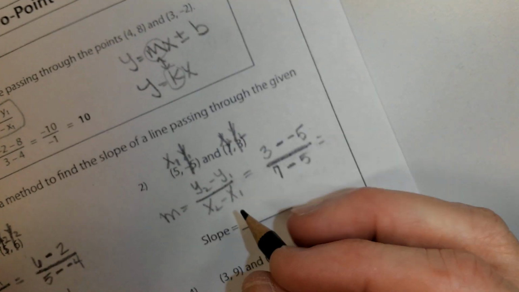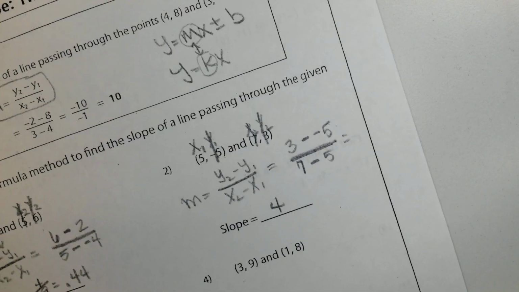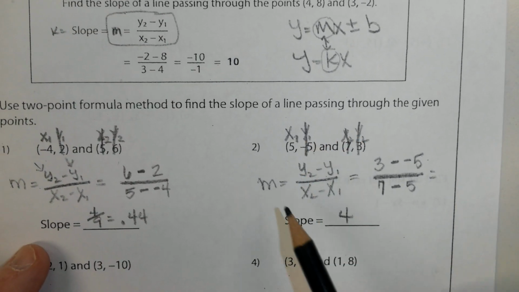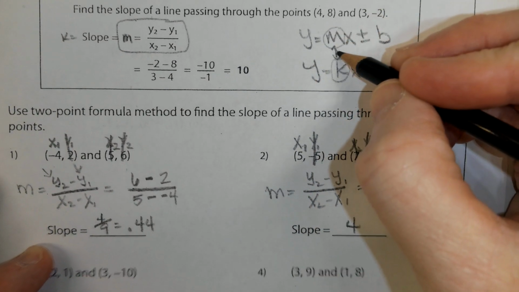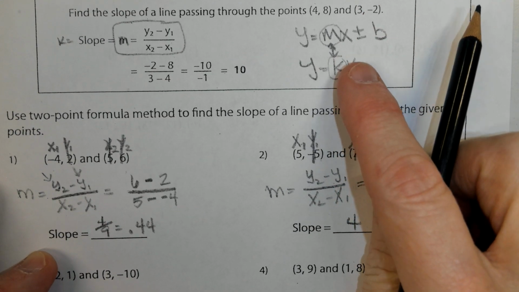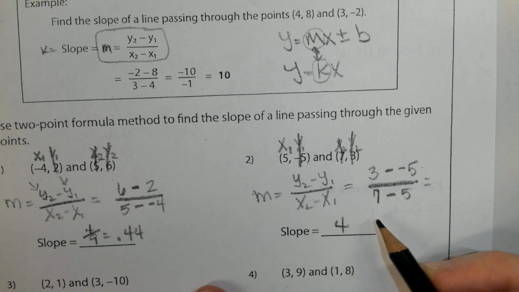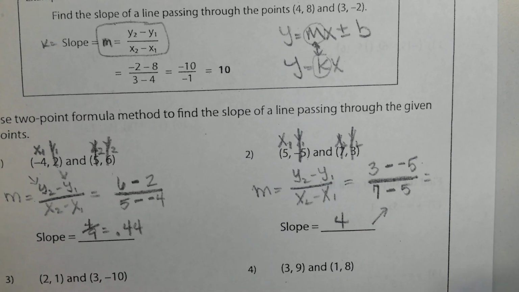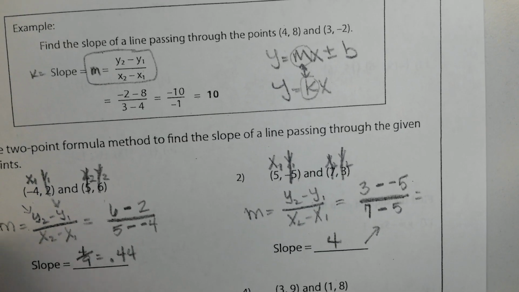Okay, my slope is +4. All right, so that's all we have to do. We just have to find this number that's going to fit right here in our equation when we start solving these and matching these together. Okay, we have to know what that number is. A +4 means the line is going to go up. If this was a -4, that means the line would be going down when we start matching it up.